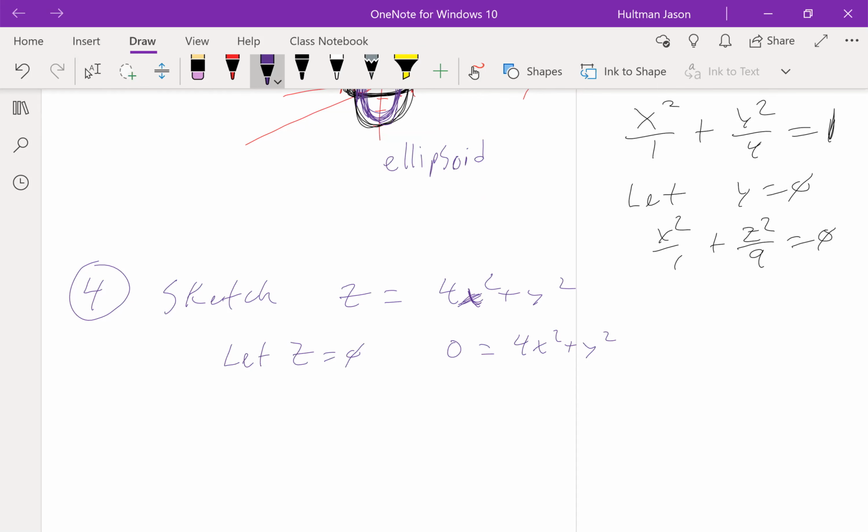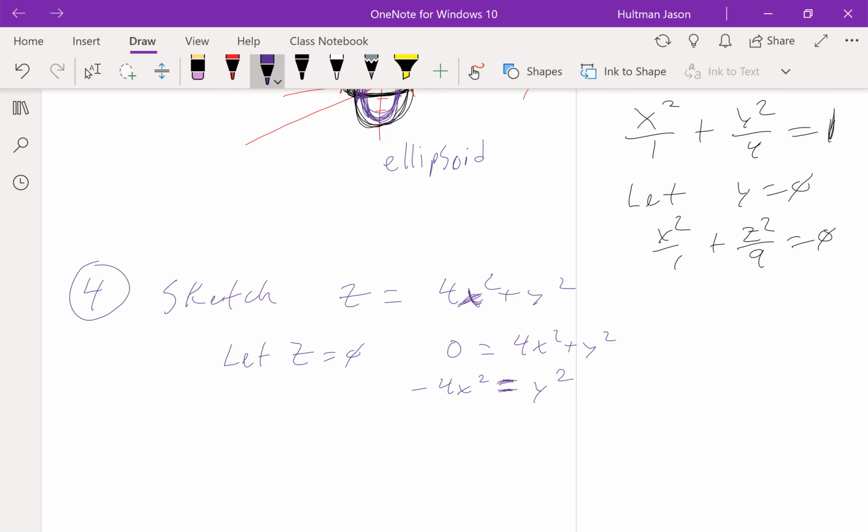Okay. So I could toss the 4x squared to the other side. This is 4x squared. That's a negative, right? Negative 4x squared equals y squared.